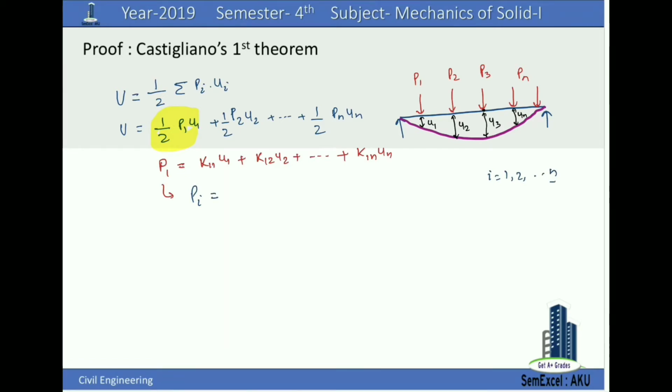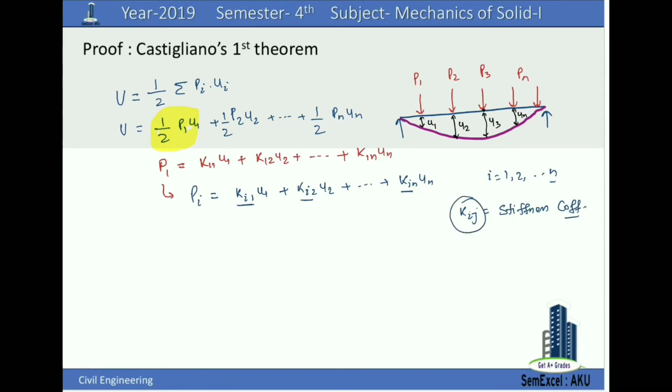Right, Pi we can write as Ki1 U1 plus Ki2 U2 and so on, Kin Un, where these Kij terms are known as the stiffness coefficients.